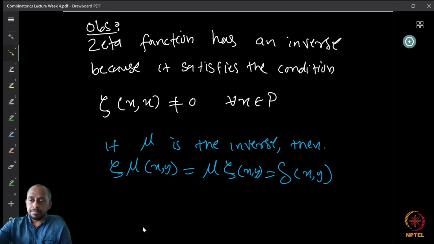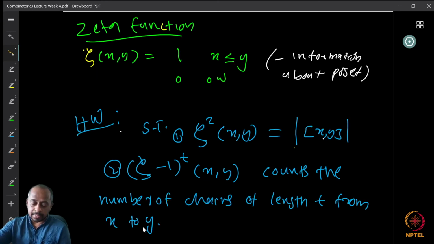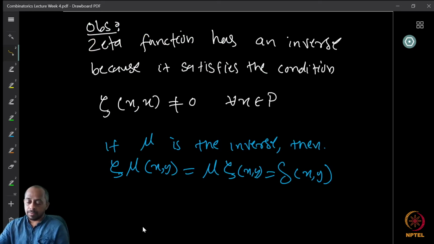Now, one observation is that the zeta function must have an inverse. By the earlier property, where we proved that if f of xx is different from 0 then f is invertible, here zeta of xx is equal to 1 because x is comparable to itself, so it is different from 0, and therefore the function has an inverse.